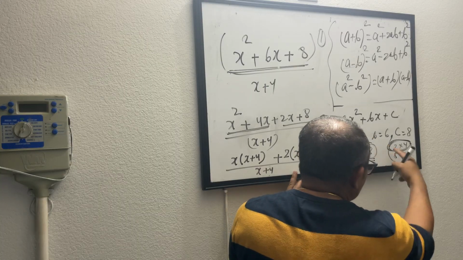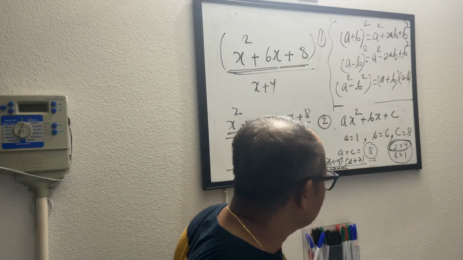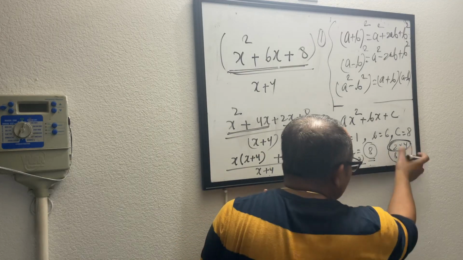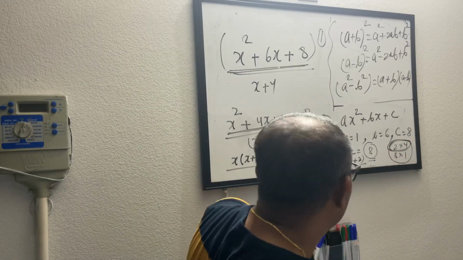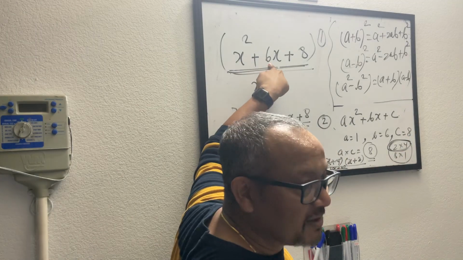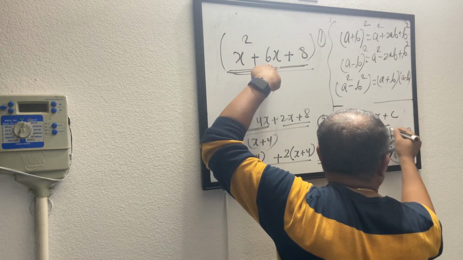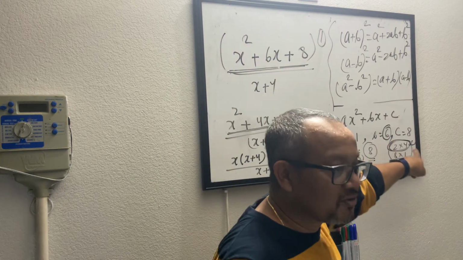How do you get 8? 2 into 4, 8 into 1. That's it. There is no third option. Between these combinations, you'll see which one you can add or subtract to get the b part of it. By adding 2 and 4, you get this.